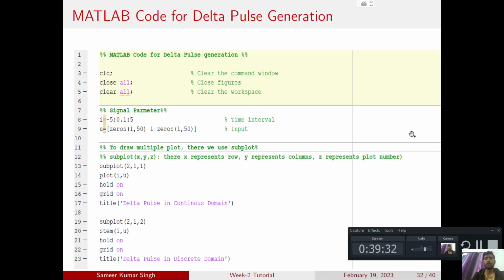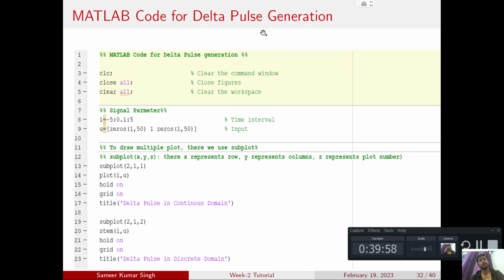Now in this session of the class, I'm adding a few MATLAB codes that will help you out. First we will see the MATLAB code for the delta pulse, how we can generate it. As we know, the delta pulse lies at t equal to 0.